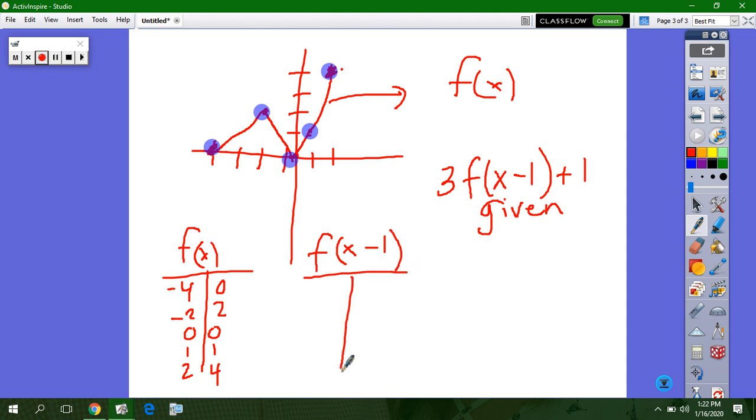Does everybody understand that? This is just any random function, and I can still do the same thing. It doesn't matter who our parent function is. We just have to do the same movements. Just like we did on the other one, right? So then this would be negative 3, negative 1, 1, 2, 3. Agreed? See how I moved everything to the right one? Does that change the x, the y values? No.